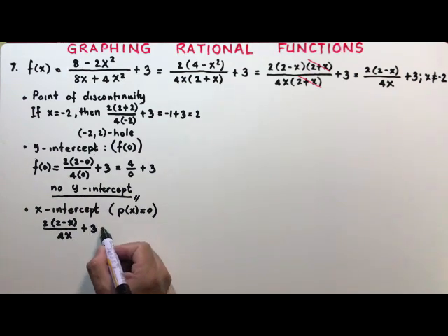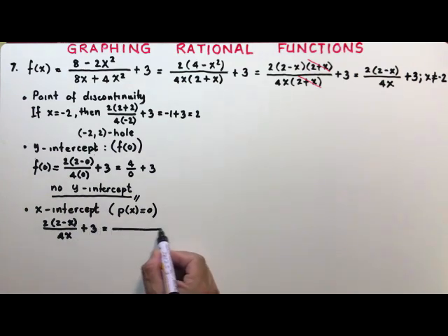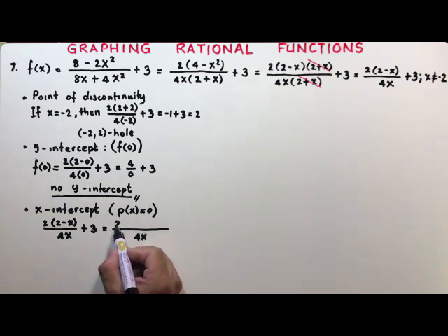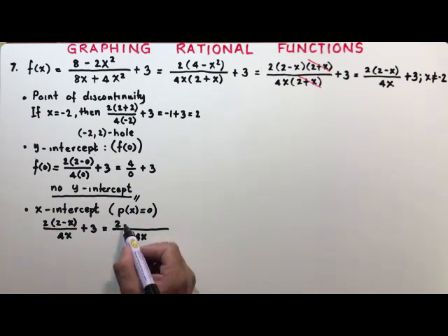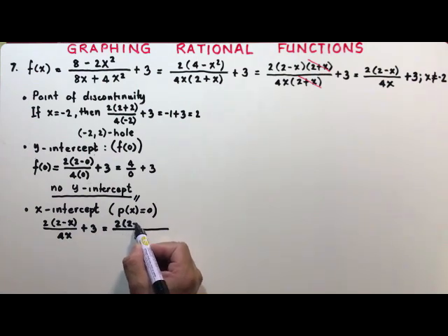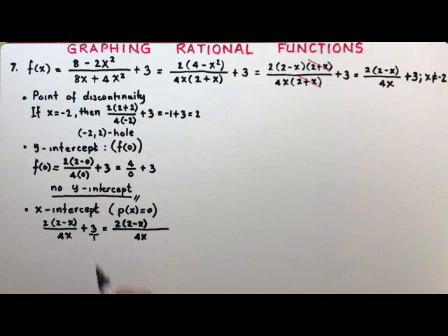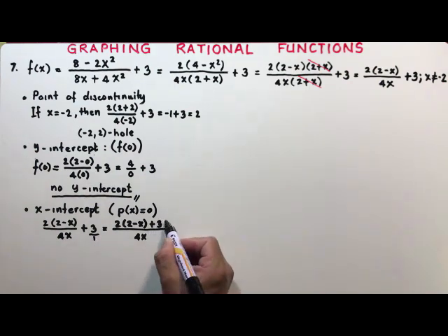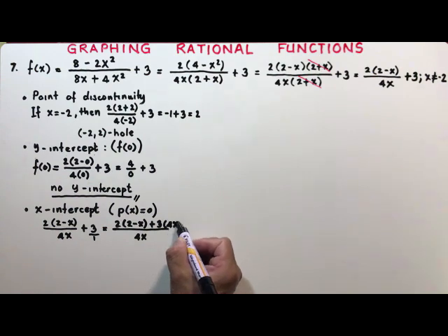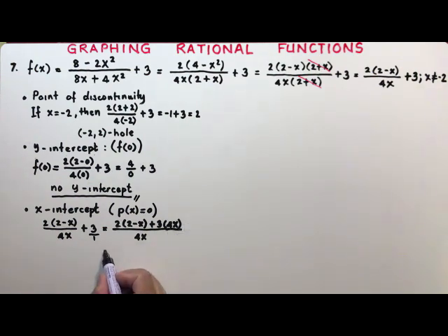So combining this into one fraction, we have 4x divided by 4x is 1 times the numerator, so that is just the same, and 4x divided by 1 is 4x times 3, so that's 3 times 4x there. So this is 4 minus 2x if I distribute 2 here.